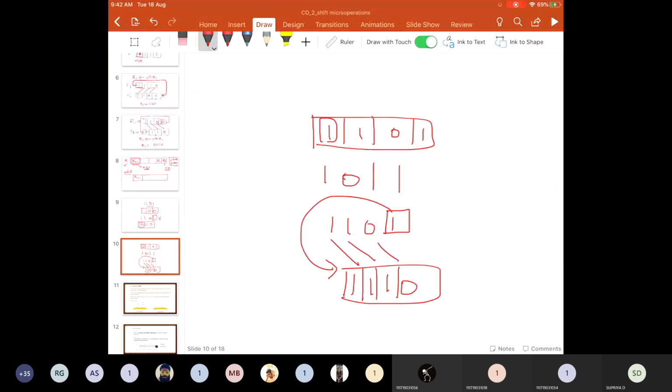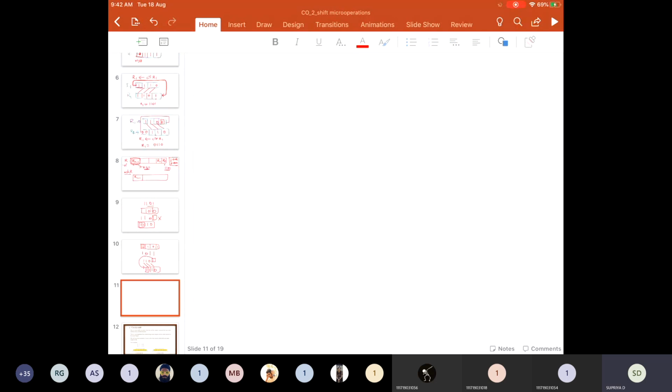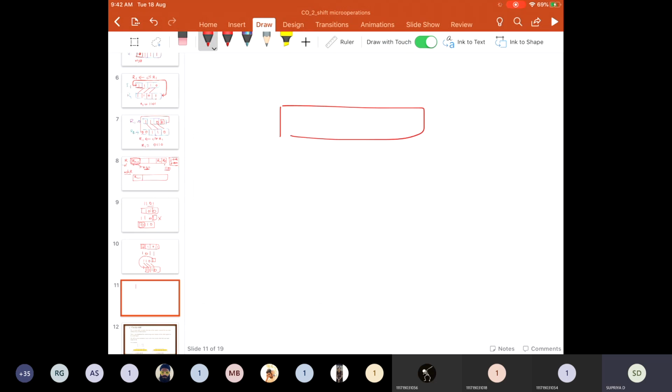Now we'll be going through the arithmetic shift right. If it is arithmetic shift right, the sign bit, that is the most significant bit of a given number, remains unchanged. Since we are operating on signed bits, I'm taking the same number 1101. The sign bit remains unchanged. We will be writing it as it is, 1.